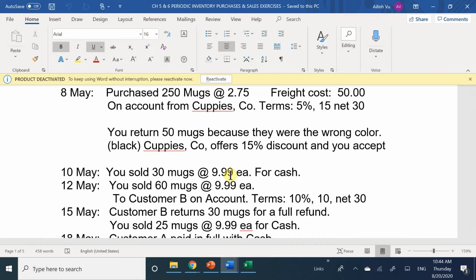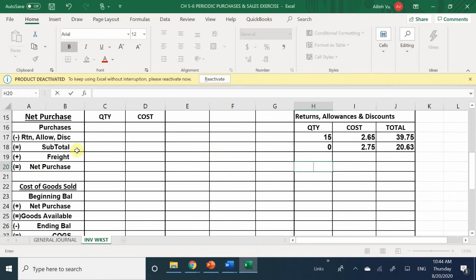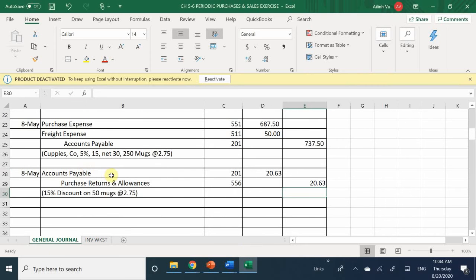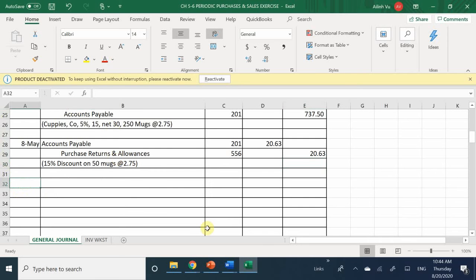So here, what happened next on May 10th? You sold 30 mugs for what? Keep reading. Cash. Yes. So now we're going to be looking at our journal again. Now that we have to recognize our sales, in here, what are we receiving?